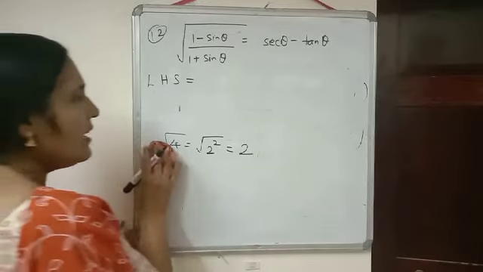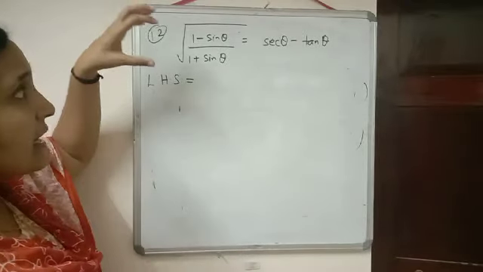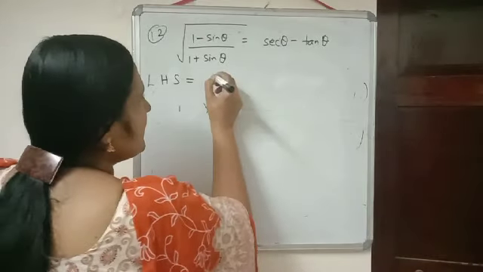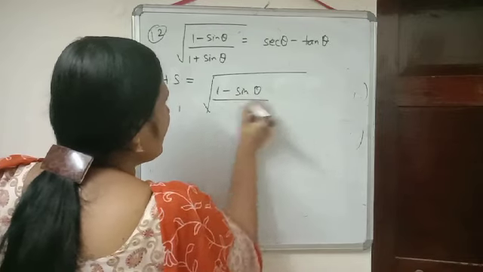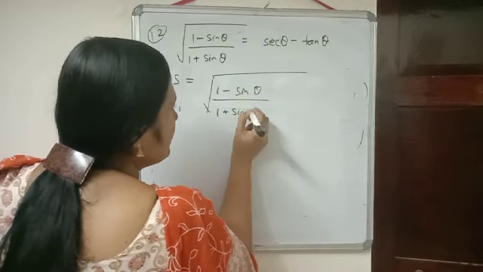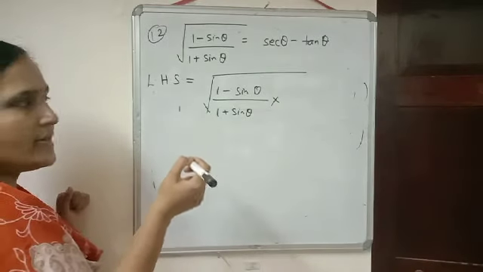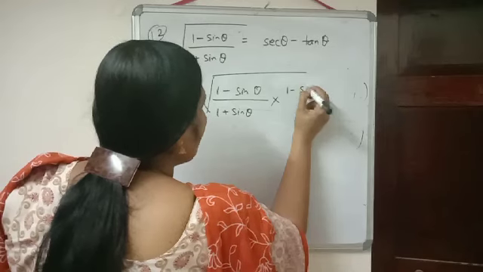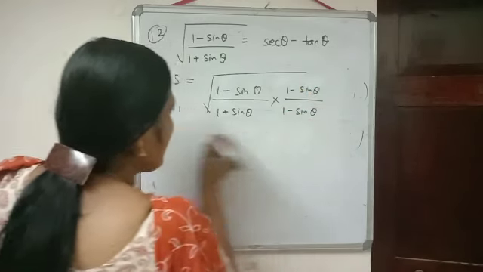So the same concept we are going to use here. We will check here how we can write some expression which is in the form of a complete square inside the square root. So just write down there square root of 1 minus sin theta by 1 plus sin theta. We don't have any other method. Then what we will do? Rationalize the denominator. Then we will get here 1 minus sin theta into 1 minus sin theta.